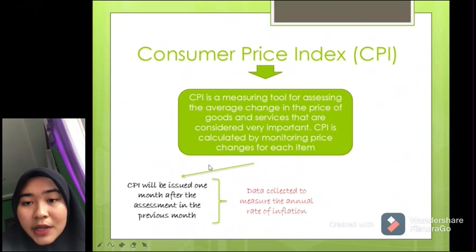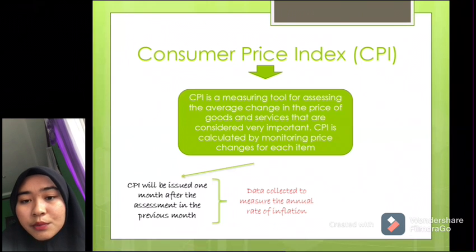Typically, the CPI will be issued one month after the assessment is carried out. So, the data published this month is the result of the CPI assessment in the previous month. Furthermore, the data will be collected to measure the annual rate of inflation.